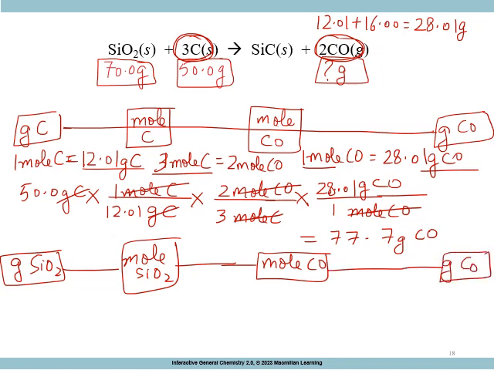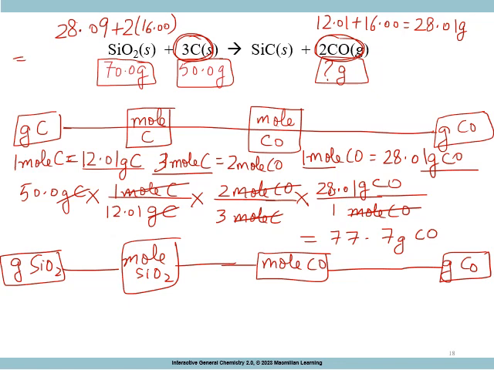For this I need molar mass. 1 Si weighs, from the periodic table, 28.09, plus 2 oxygen, so 2 times 16.00.